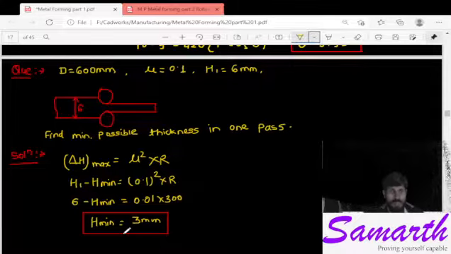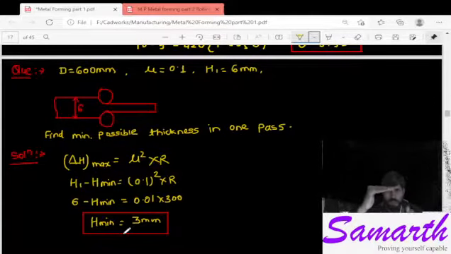Because of strain hardening, which I have told you about, due to deformation, if you reduce the distance between the two rollers and forcefully try to do it, the rollers may get damaged, but there will not be further reduction in the thickness of the plate.